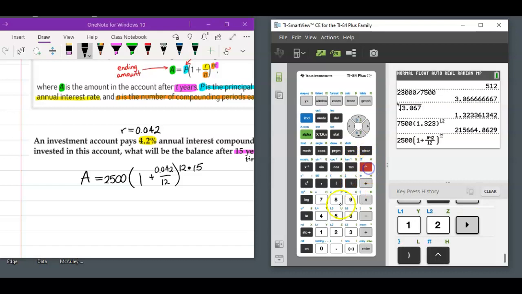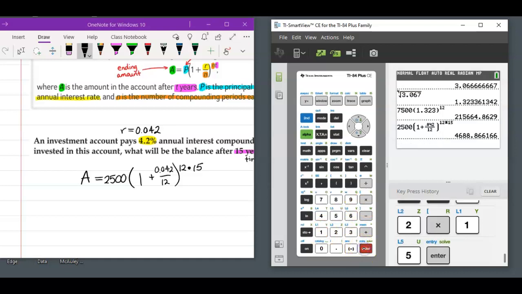And we're going to raise that to the 12 times 15 power. And we end up with approximately $4,688.87. In fact, since this is a rounded number, I should use my approximation symbol, not just an equal sign.